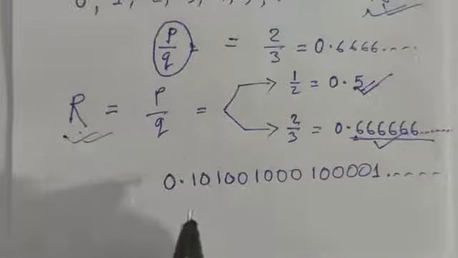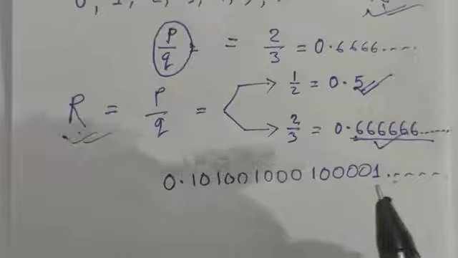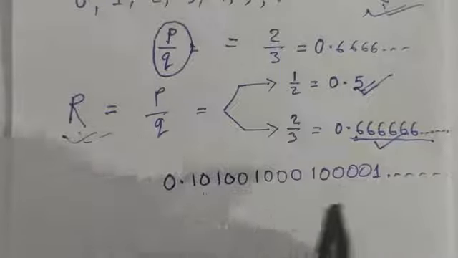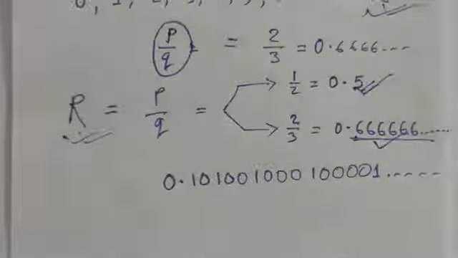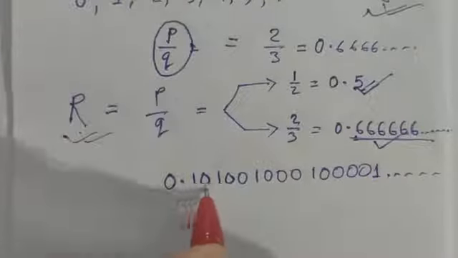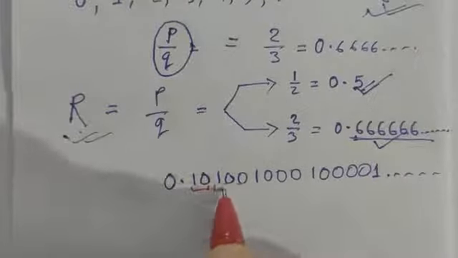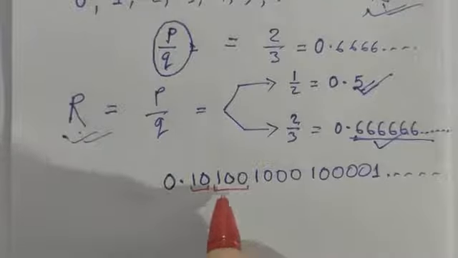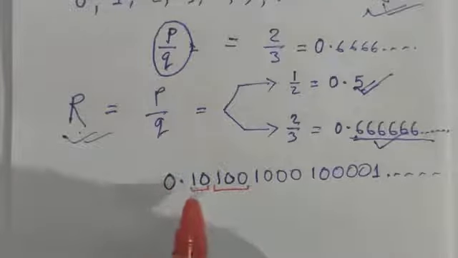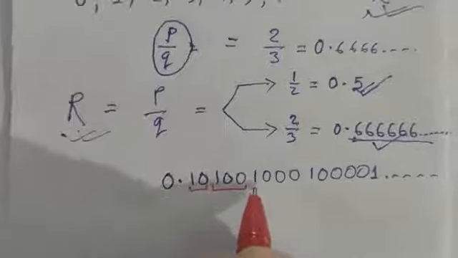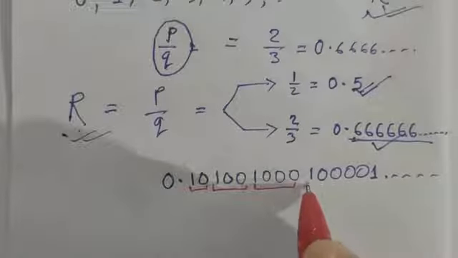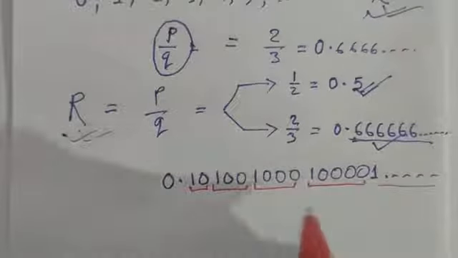If you observe this decimal expansion carefully, you will get it is neither terminating nor repeating. How? After the decimal there is 10, then 100, then 1000, then 10000 and so on.